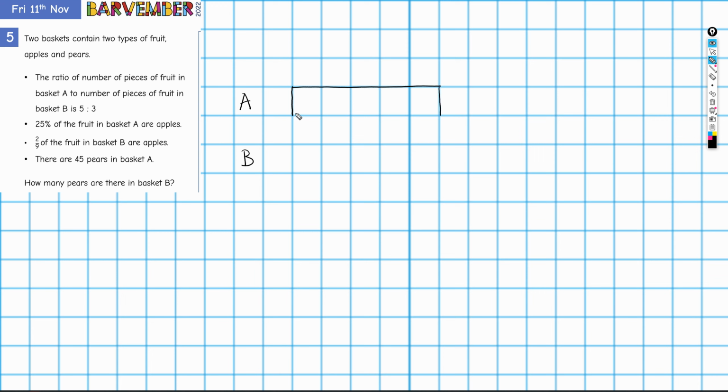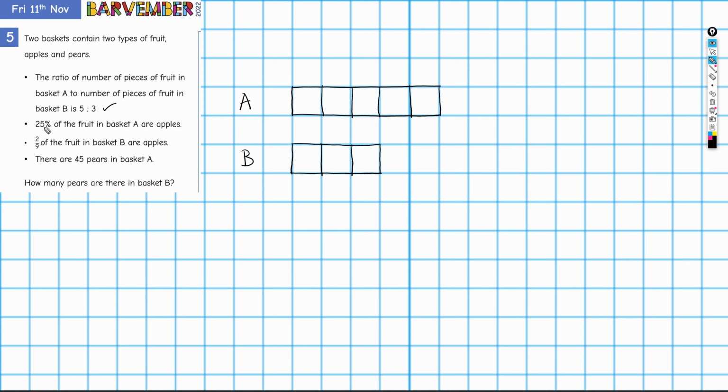So A will have 5 parts. And B will have 3 parts. So that reflects that first bit of information that we were given. So I've dealt with that.